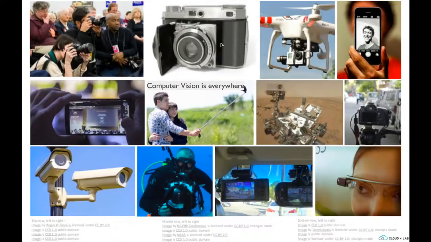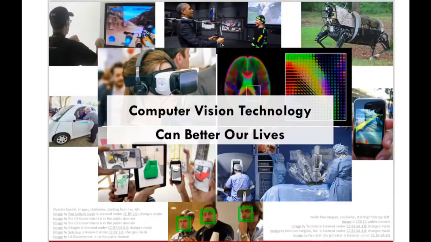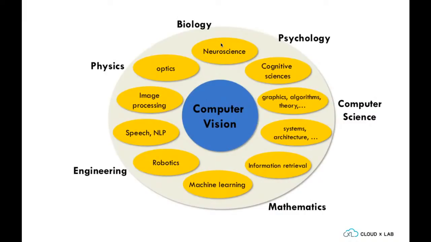So computer vision is essentially the ability to see, the ability to predict based on what we see, right? When we take photos, when we take selfies, when we are using drones, when we are doing self-driving and so on, computer vision is everywhere.